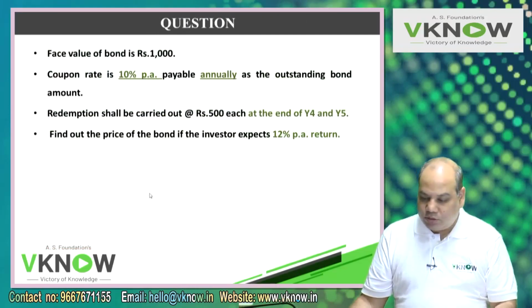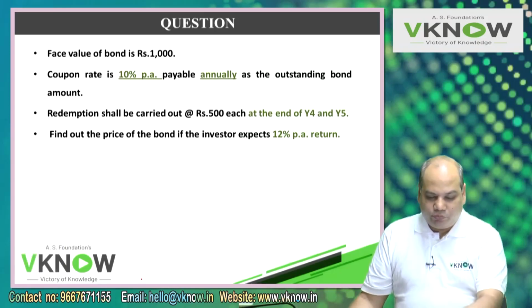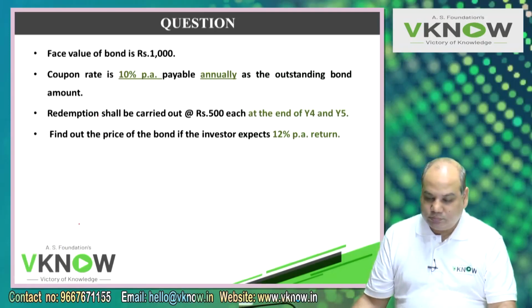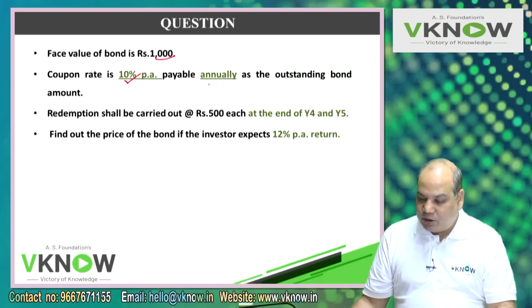Come to question number 11. One more practice for you. Face value of the bond is ₹1000. Coupon rate is 10% per annum, payable annually on the outstanding bond amount.